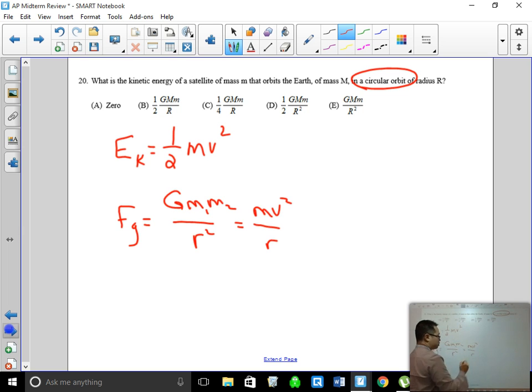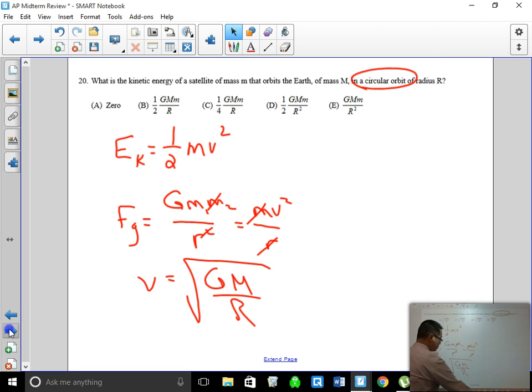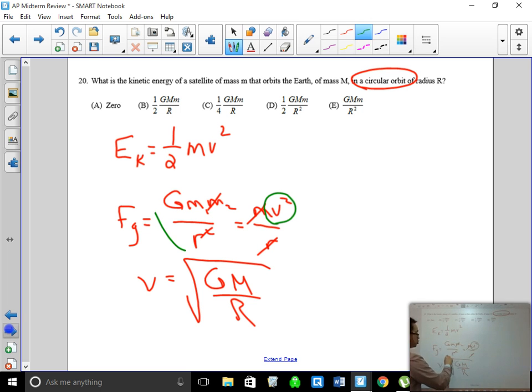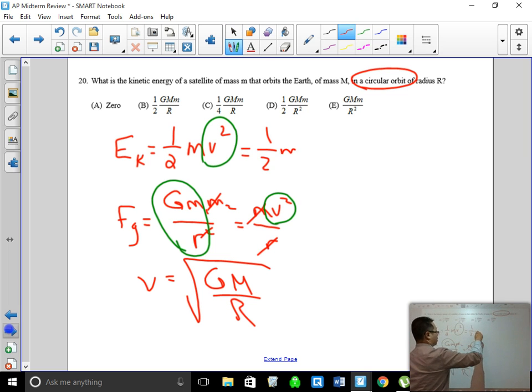So if you notice, this is what we did before in an earlier question. The speed of the satellite is equal to the square root of G times the mass of the Earth divided by the radius. So if v squared is equal to G M over r, all I really have to do is replace v squared in 1/2 m v squared with G M over r.